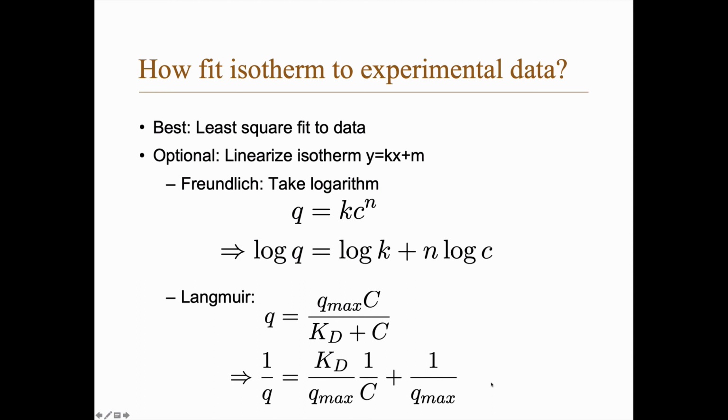But beware, if you fiddle around with equations like this and fit your experimental data, you don't get the same fit. You don't get the same parameters as if you take your original equation and fit it directly. It might not change that much, but it actually can change, and it can be important.